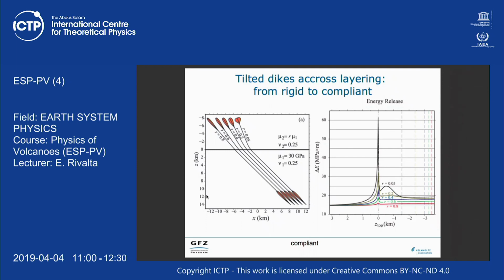But then when they go very close to the interface, they actually tend to accelerate, because you have a lot of energy release, and the reason is that you have a less rigid medium at the top, so the dikes will tend to open a bit more, and this makes a big release of energy.